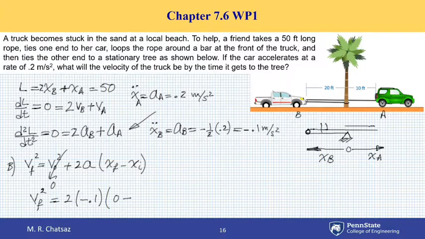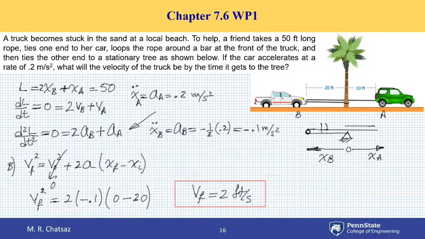Initial position is 20, therefore, taking a calculator, you can figure this out, take square root of it, and report final velocity as 2 feet per second. This shows you an example of dependent type of motion.